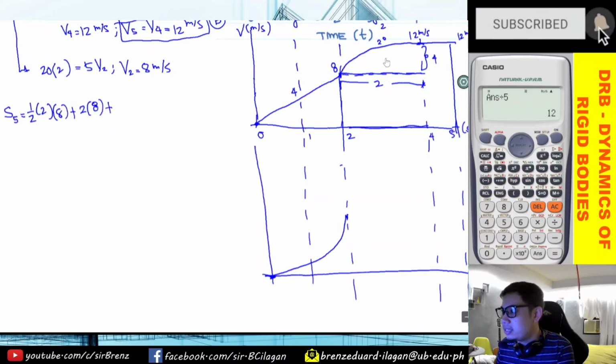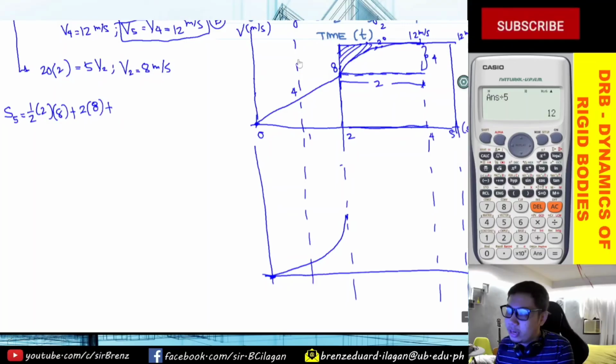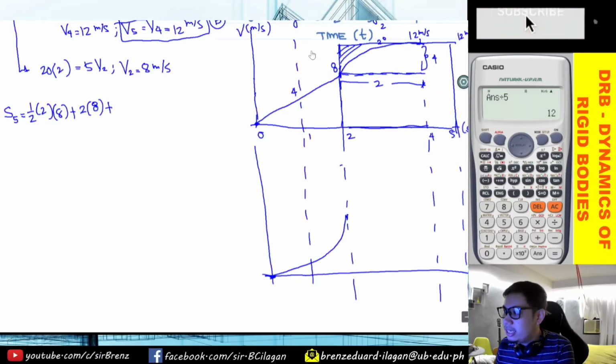And then plus. So again, paano ngayon makukuha yung area nito? So di ba itong shaded area, yan ay magiging 1 over n plus 1. So, ang degree niya is second degree, so that will be 1/3. So, kung 1/3 yan, therefore, ito is 2/3 of base times height. Tama?